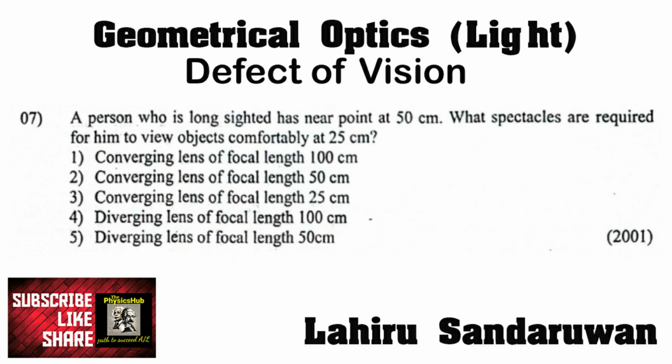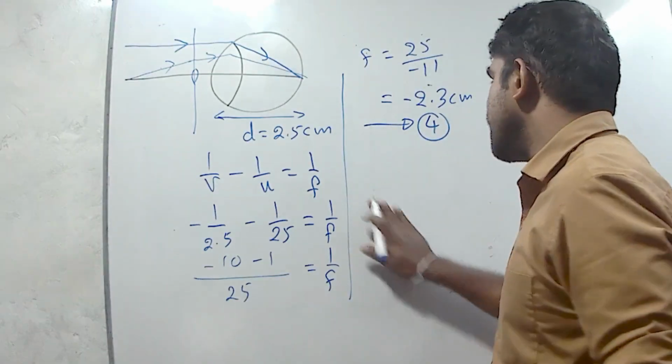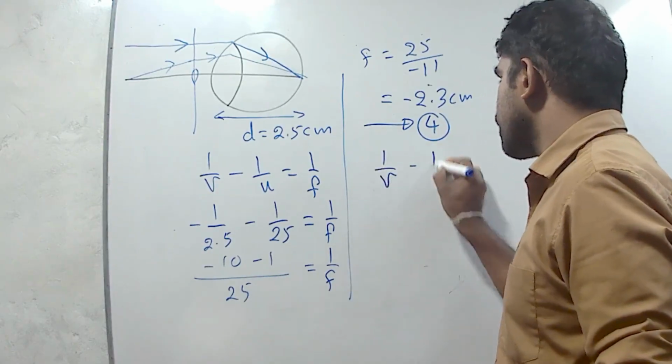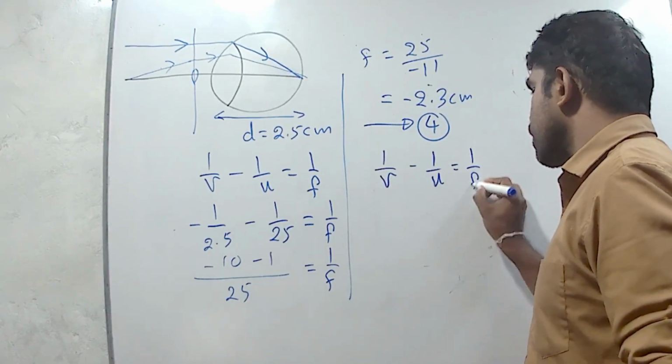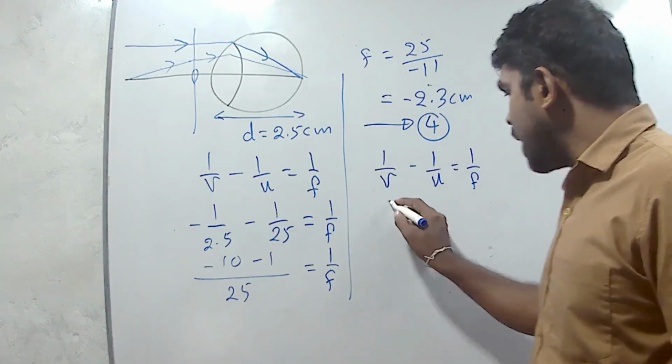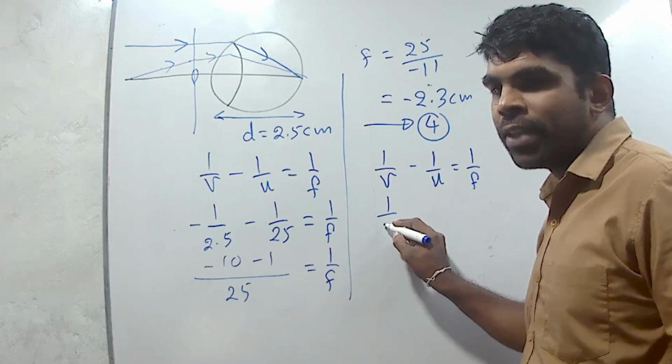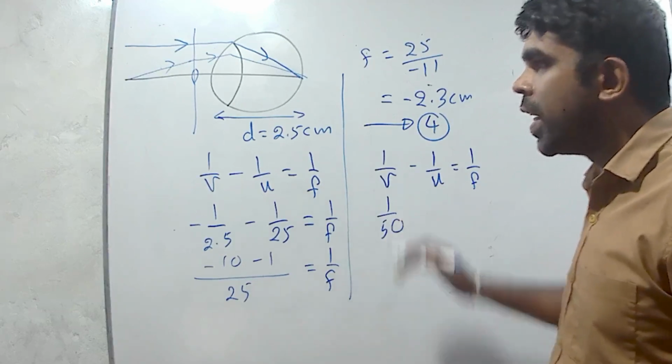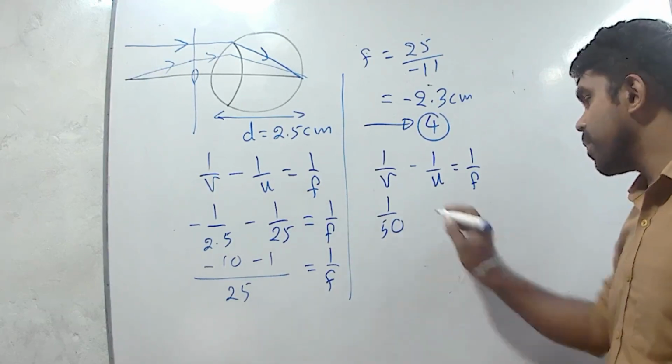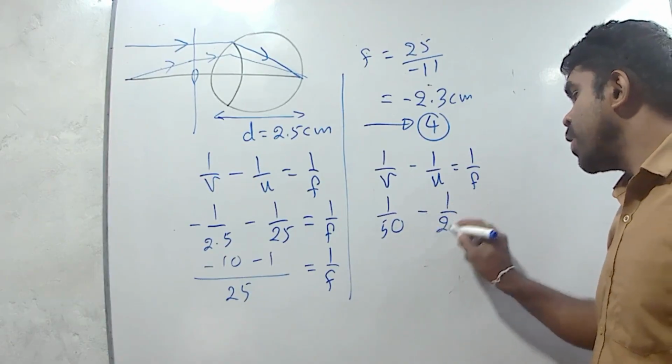A person who is long-sighted has a near point at 50 centimeters. What spectacles are required for him to view objects comfortably at 25 centimeters? By wearing the lens, an image should be formed at 50 centimeters. It is the nearest point he can see. Object distance should be 25.